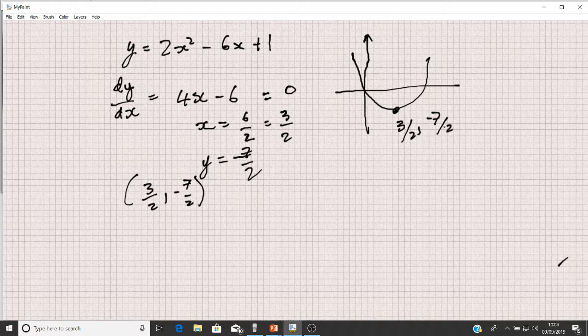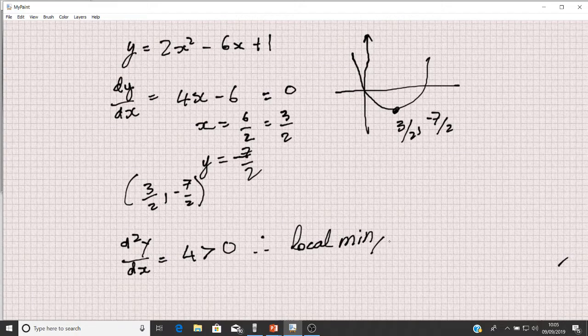We can see it is a minimum, but let's just show it by finding the second derivative. d2y dx squared is equal to 4. 4 is greater than 0, therefore we have a local minimum.